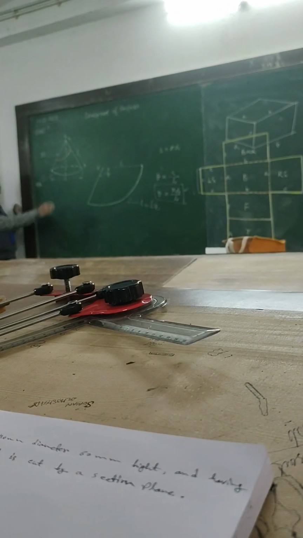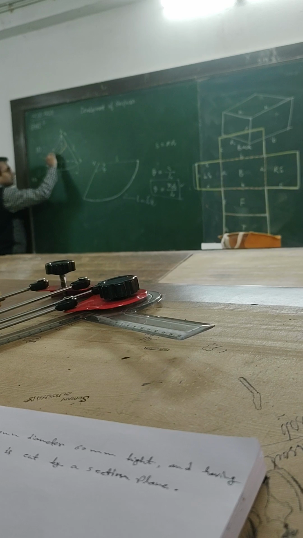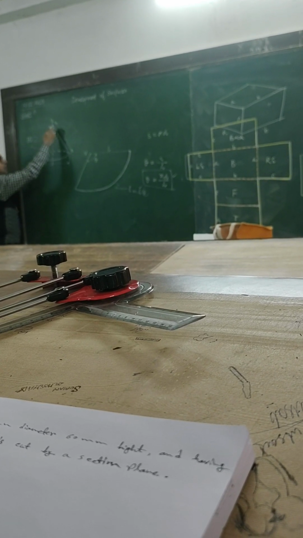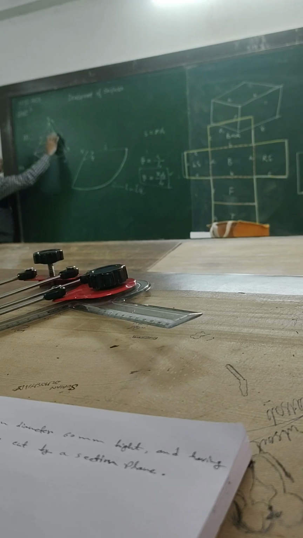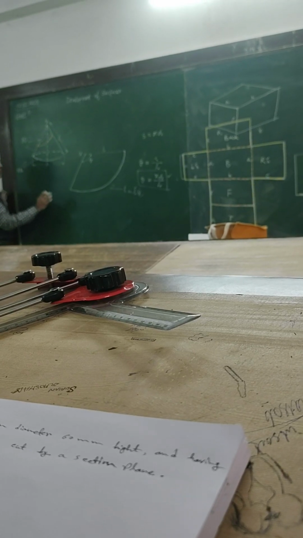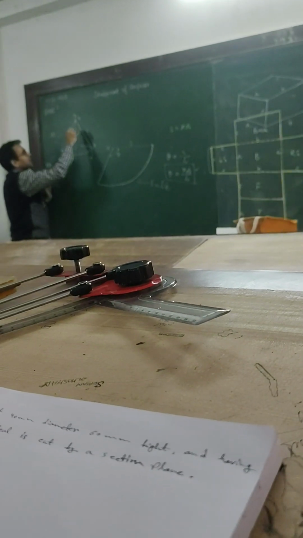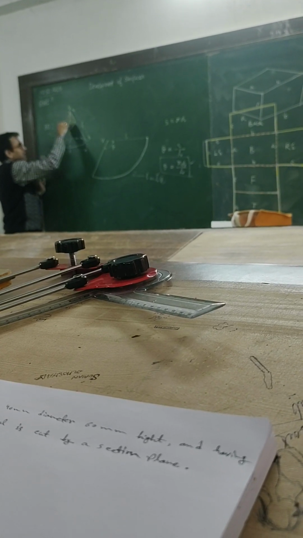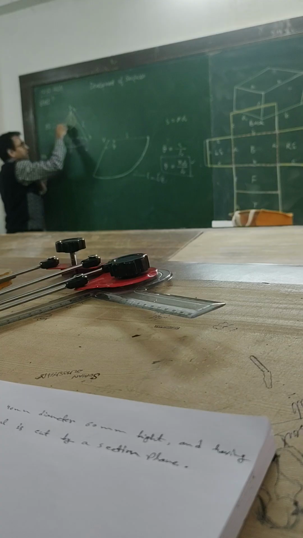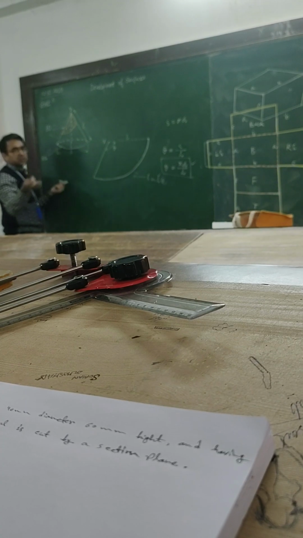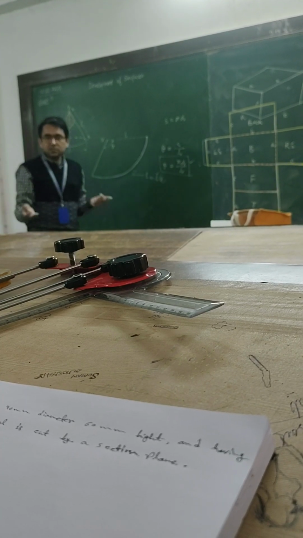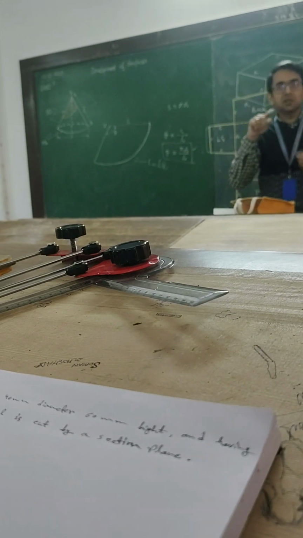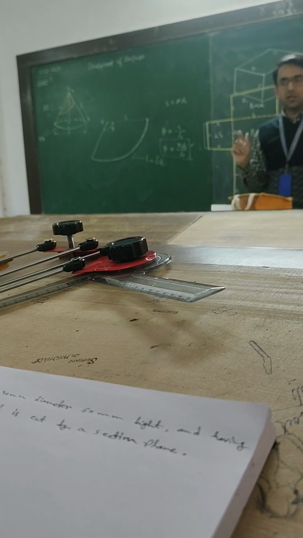So we may ask you to draw the development for the lower part. That means as if the upper part is not there, simply draw the lower part. So in that case, you see what will be the diagram? This length, this length, this length, all these lengths are known, isn't it? If I can project from the projection, means by this time you know how to draw the section plane and how to measure the lengths from different projections, right?